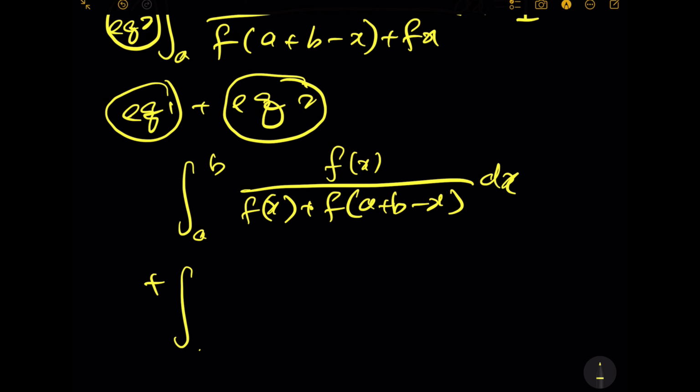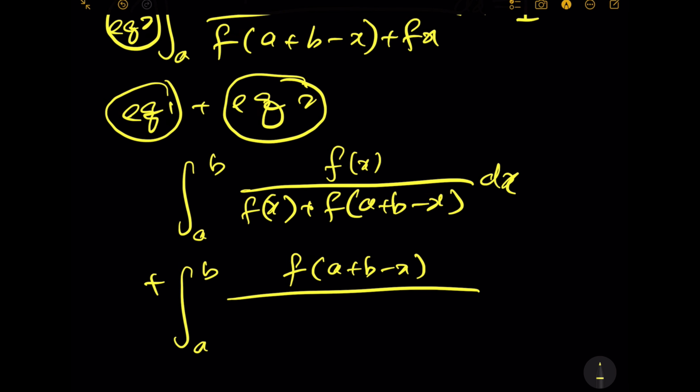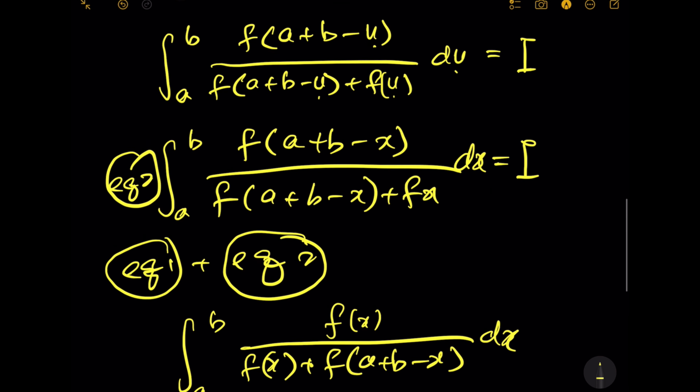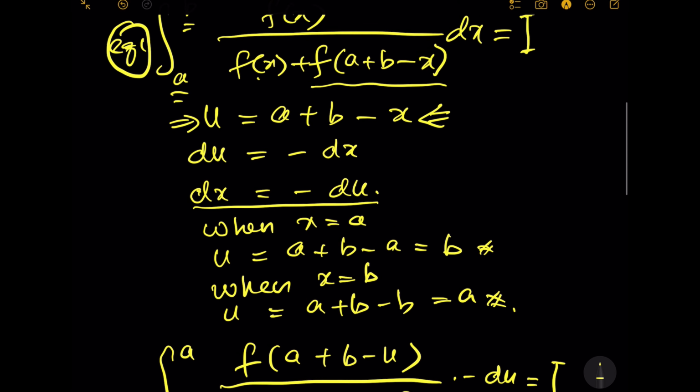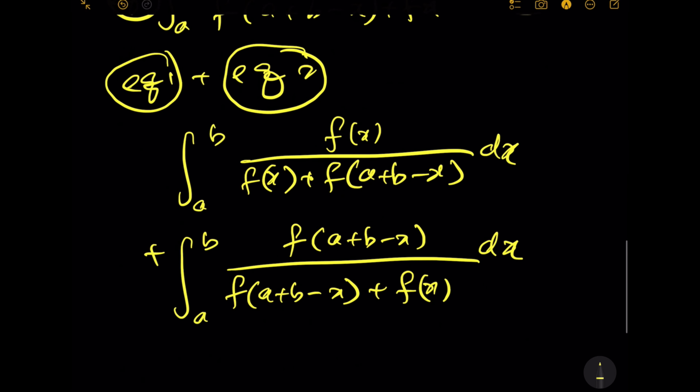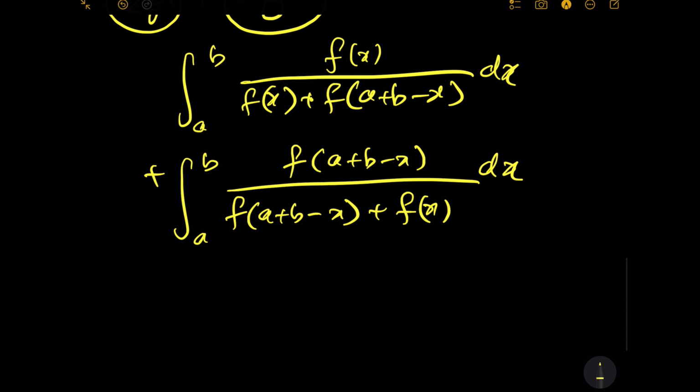Integrate also from a to b, f(a plus b minus x) divided by the bottom, which is actually the same, but the first and second terms change, dx. So on the right hand side you have I in eq2, and you have I in eq1. So the total of eq1 and eq2 is 2I.